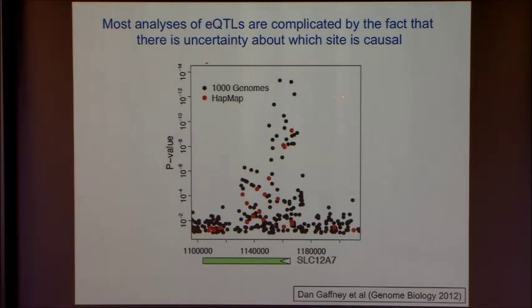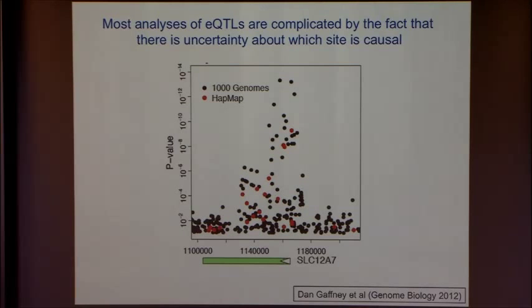I would note that here we're using 1,000 Genomes data, so we've got representation of nearly all of the SNPs in the positions that are variable in the sample. So we can be fairly confident that we've actually got the causal site here, but it's still ambiguous which site actually is causal. So with this type of data, it's difficult to answer a seemingly simple question like where do causal sites lie around the target genes?